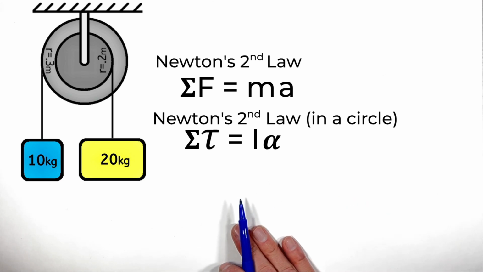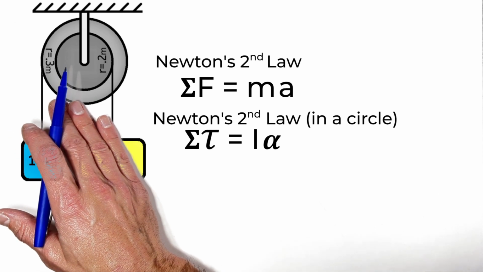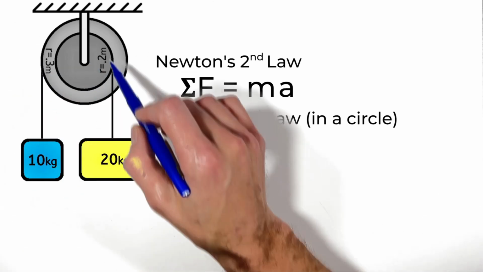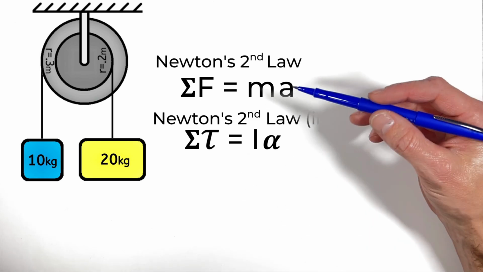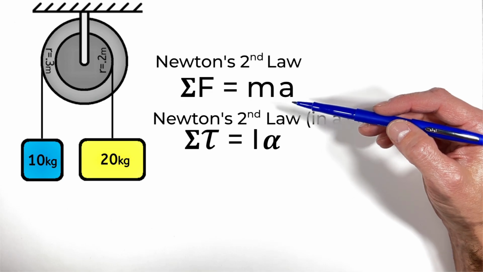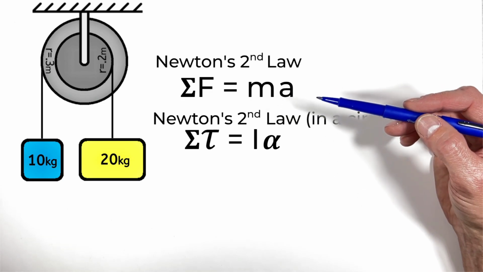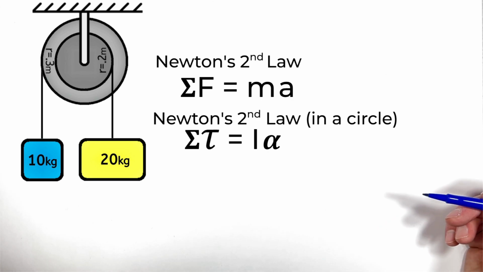Now, rotational inertia is really a measurement of how easy it is, or hard it is, to get an object to rotate. You can think of it as the angular version of mass. Mass is really a measurement of how hard it is to get something to move in a straight line. Or to put it simply, inertia is simply the rotational version of mass.